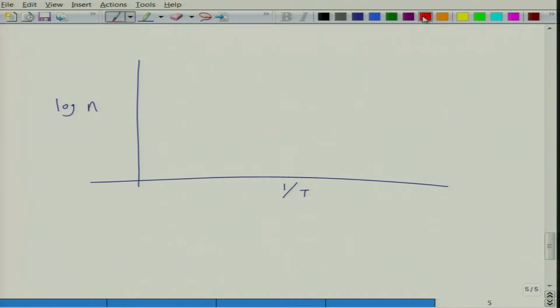For an intrinsic solid, we see that there is an exponential relationship. As you increase the temperature, the concentration will increase in an exponential manner. This is for intrinsic MgO, and the energy will be given by this slope. So, this gives me delta Hs of approximately 7.7 eV.